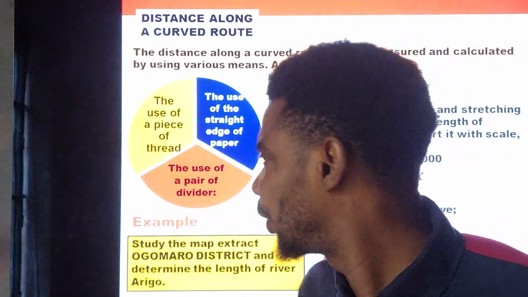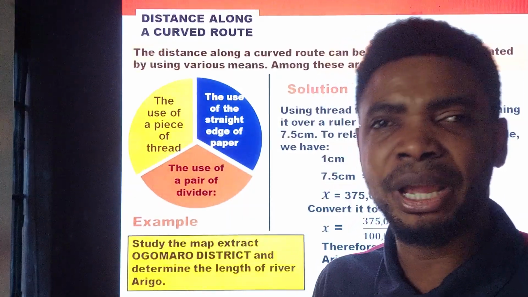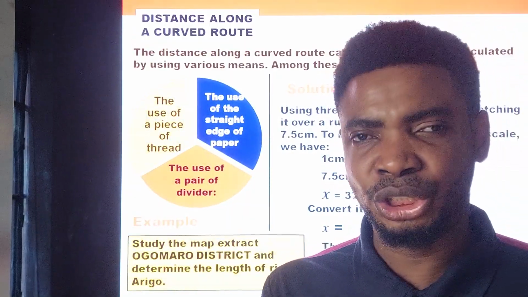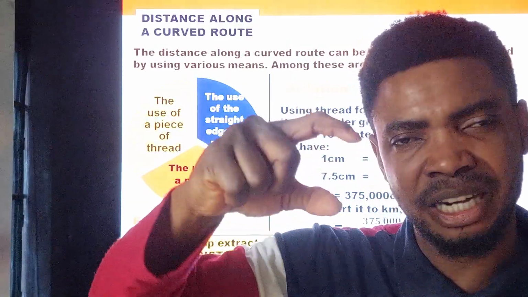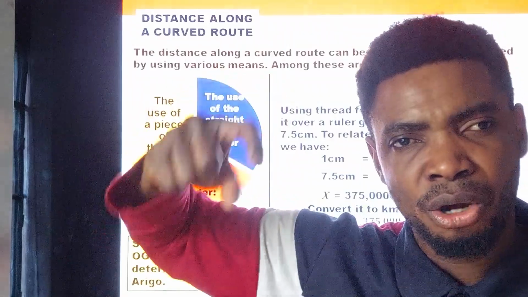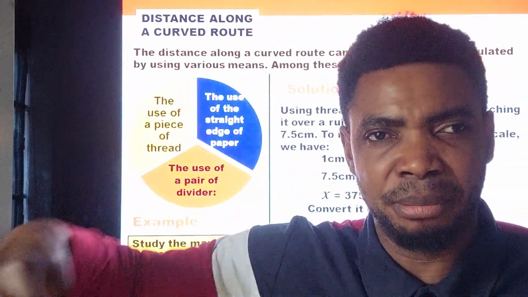Just put the edge of the paper in between them and measure accurately, because the edge of a paper is somehow flexible. You can use a pair of dividers, but the pair of dividers is somehow stressful, because you will need to use the divider on your map to pinpoint, to mark, or let me say to pierce the map.